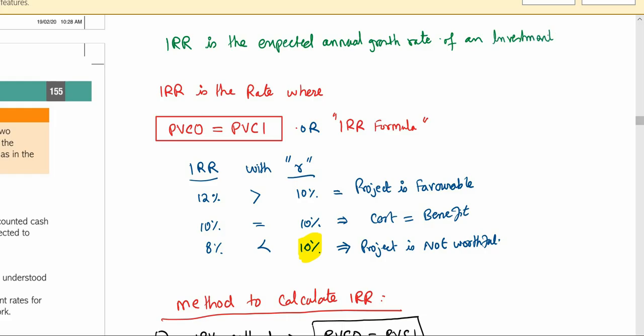How will the investment grow? IRR will tell the percentage at which your investment will grow.